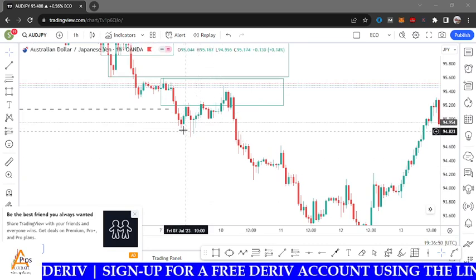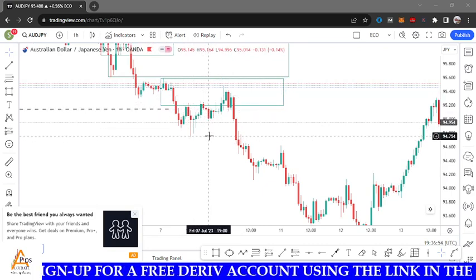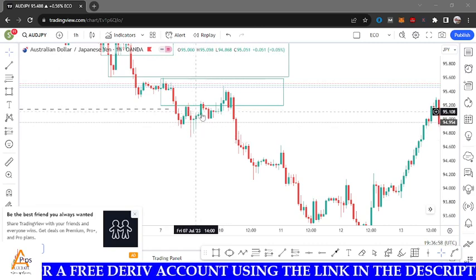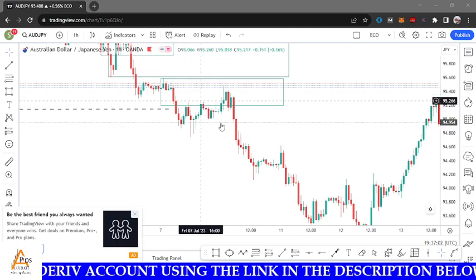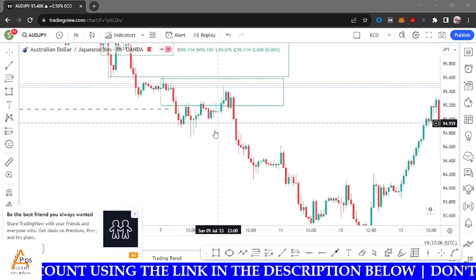Okay, so here, these are first buy momentum, second buy momentum, because this was taken out over here by this guy. So this is a valid pullback, this is a valid pullback, but these are not the last buying momentums.